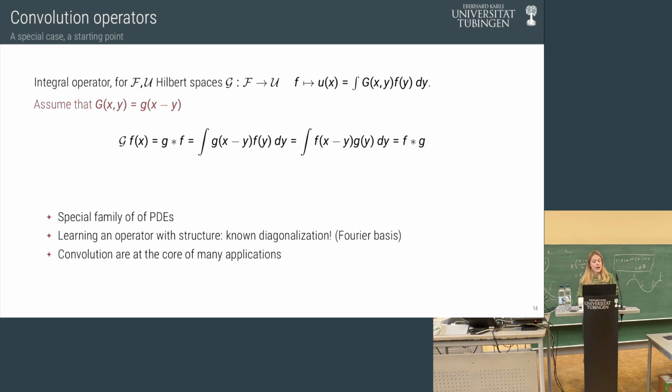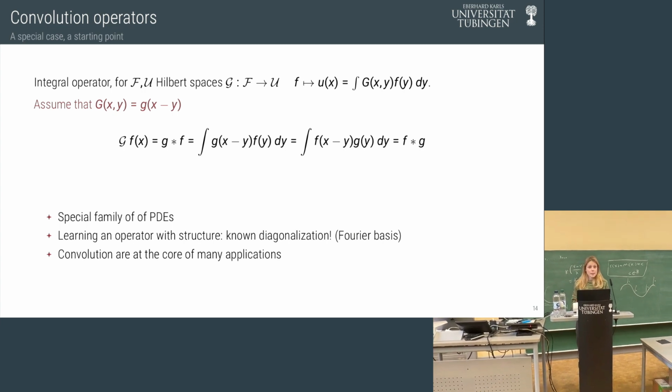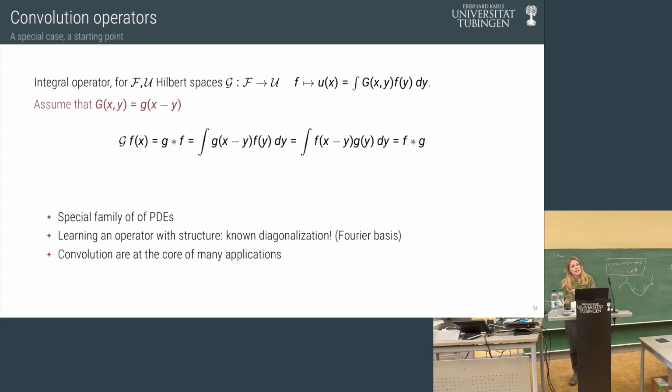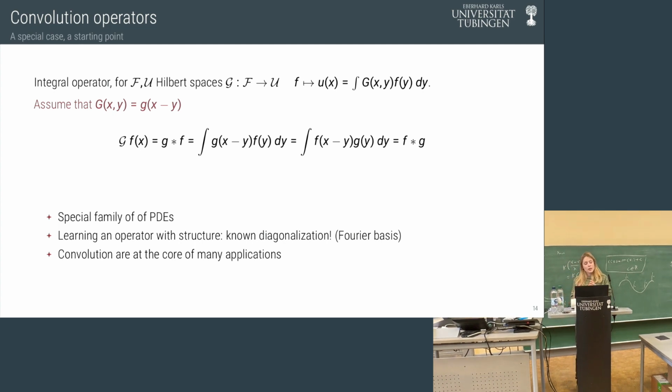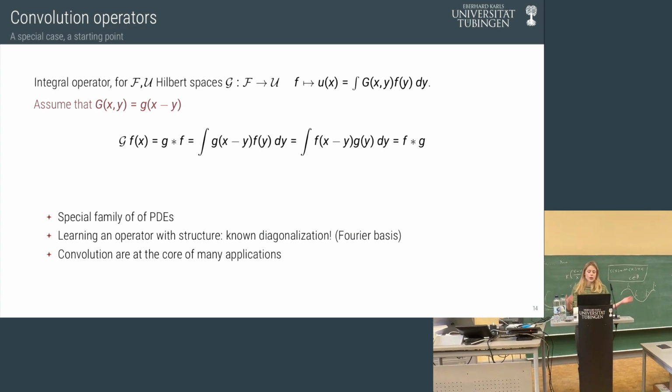In this case, I'm learning an operator about which I know many things. For example, I know that it's diagonalized by the Fourier transform. So even though it's born as a special case, it is a starting point to think about a broader problem. And this is, in fact, what I worked on, and am still working on, since last year when I was in Genova.